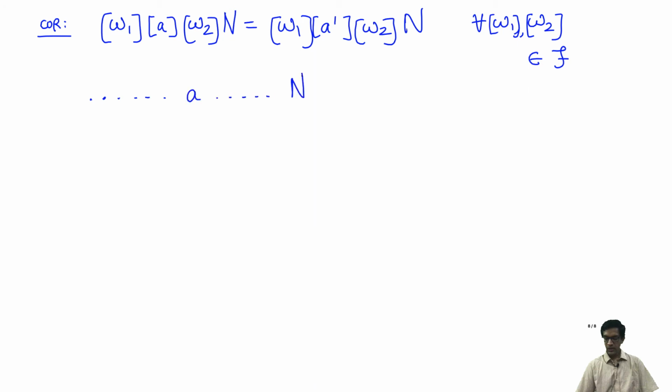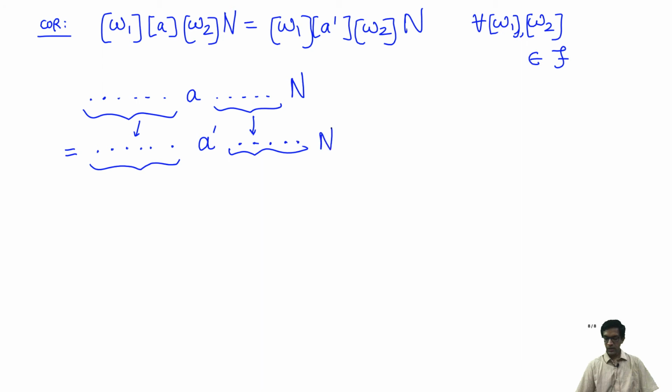Then the coset of this word is going to be the same as, well, I take these letters, keep these letters the same as they are here, replace just the a with an a prime, and then keep these letters the same. So you make only one change, which is a changes to a prime. Then these two words are going to be in the same coset.